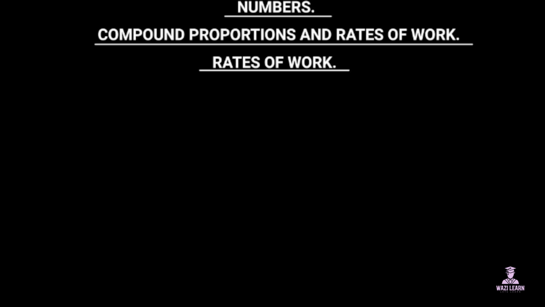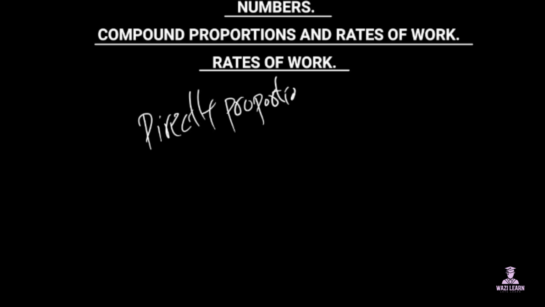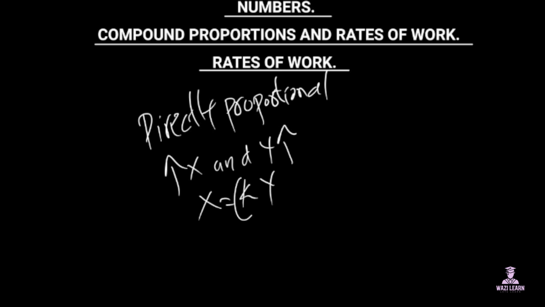Let's start with directly proportional. When you have two variables, let's say x and y, as x increases, y also increases. This is represented by the equation x = ky, where k is the constant of proportionality.